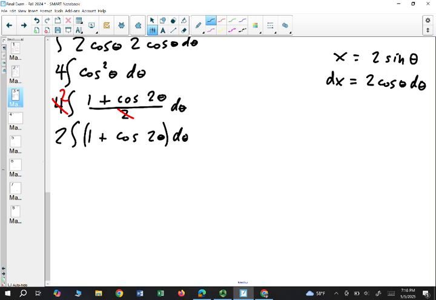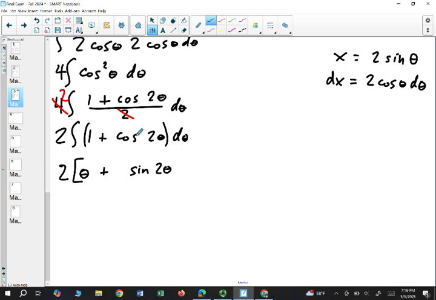So when we integrate this, the 1 will just become our variable, theta in this case. And then the integral of cosine is sine. So sine of 2 theta.